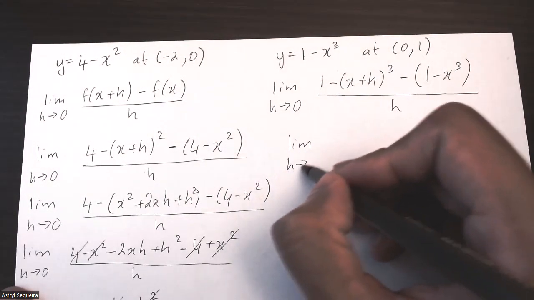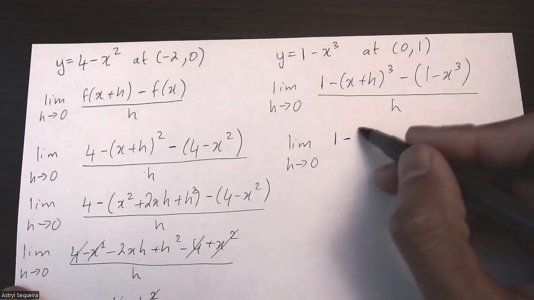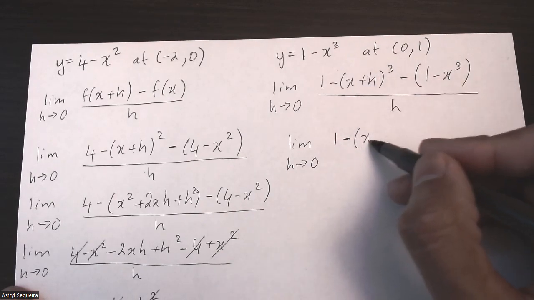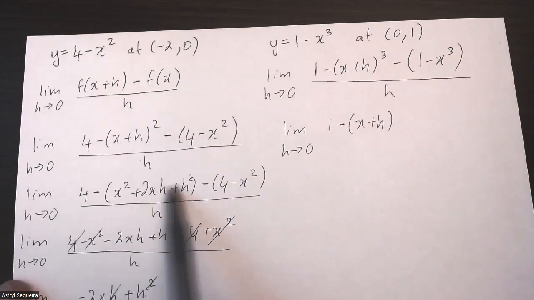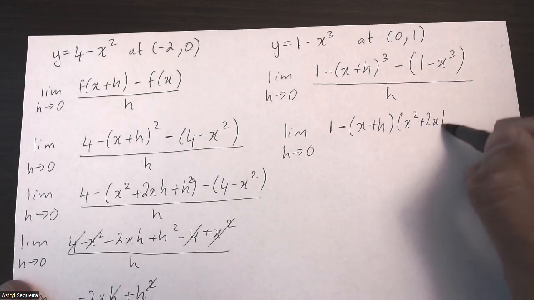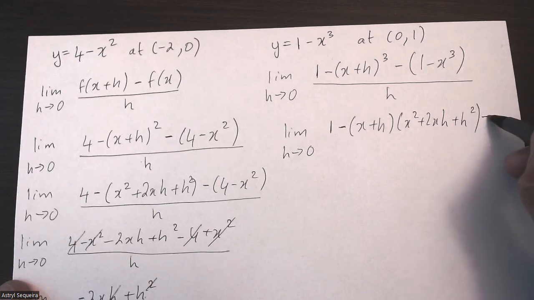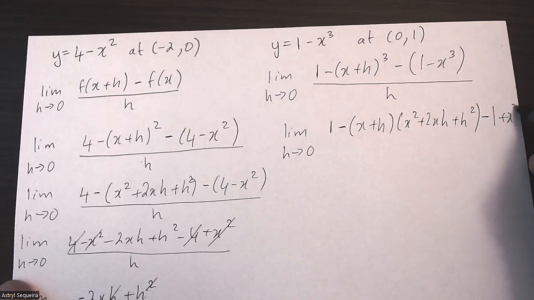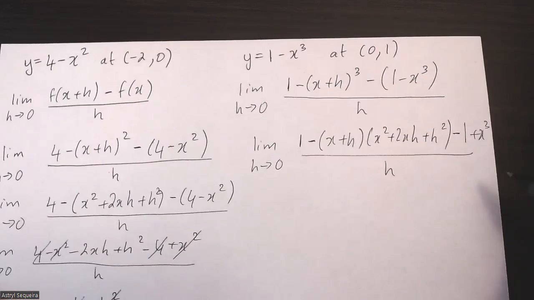Lim h approaches 0, 1 minus the first bracket, I'm going to just write it the same. And if I foil out the second bracket twice, I'll get the same thing over here, which is x squared plus 2xh plus h squared. And then I have minus, I'll distribute this negative into this bracket, so minus 1 plus x cubed divided by h.